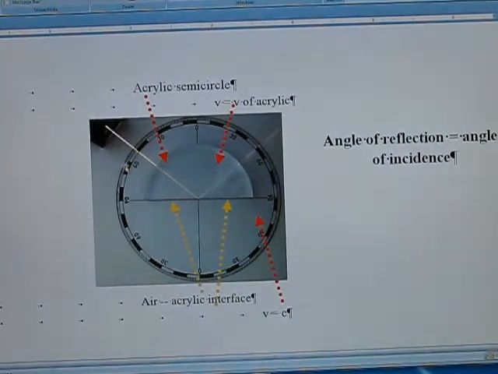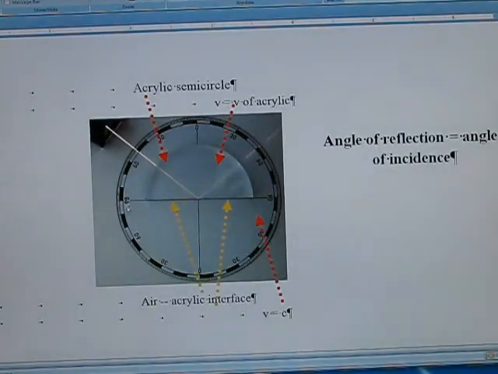What we can see is it's coming in at a 50-degree angle relative to the normal and being reflected at a 50-degree angle. Refraction is bending, where the angles are different, and reflection is where you have this situation right here. The angle of reflection is equal to the angle of incidence.